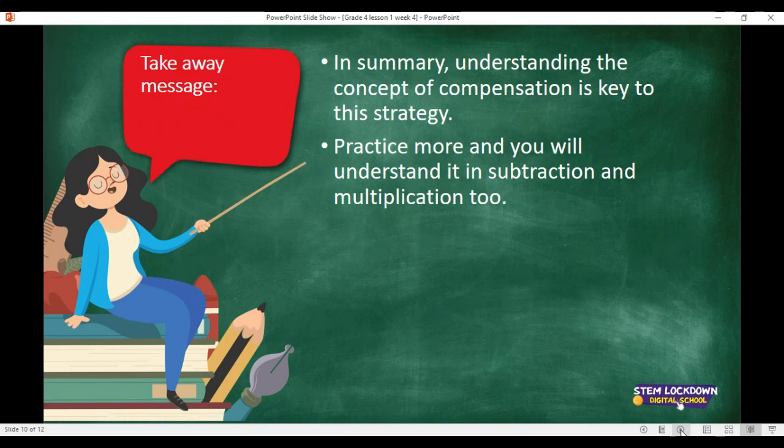So I would like you, grade 4s, to practice more, and then you will understand it when you do it in subtraction and in multiplication. Maths is not just about you coming to listen to me. Tomorrow we're doing rounding off and compensation of 100 and 1000. If you don't practice, you're going to find it difficult, because that is what KEPS requires you to do, to round off to 100 and to 1000.